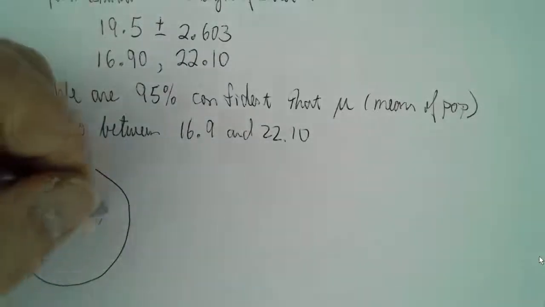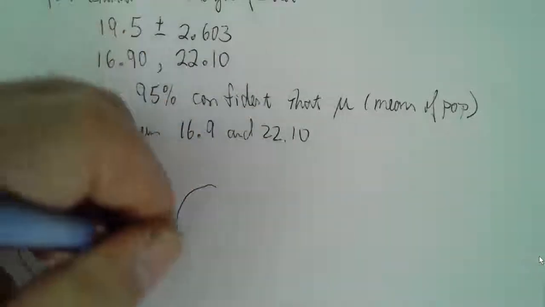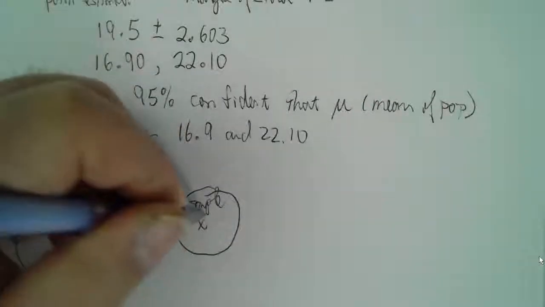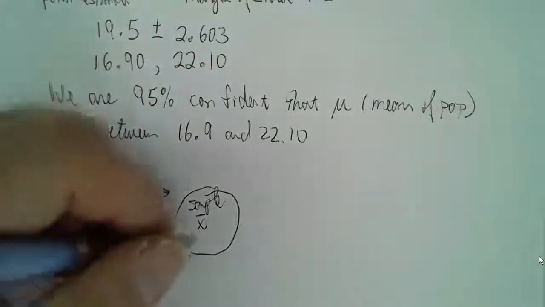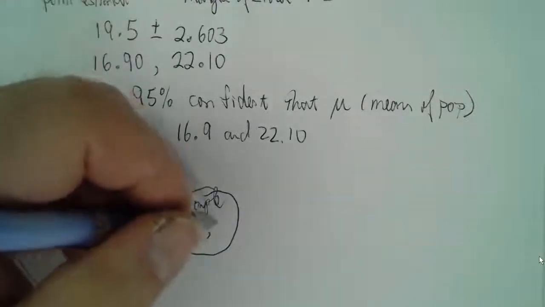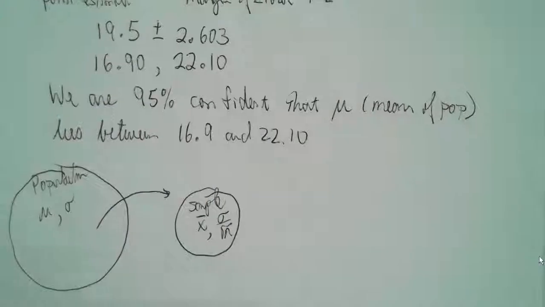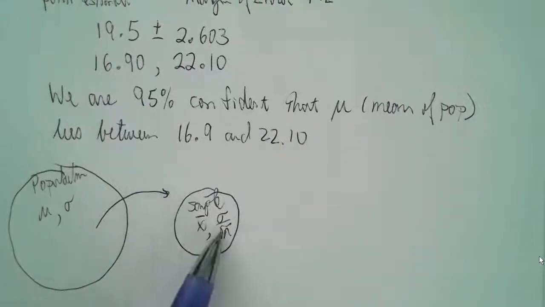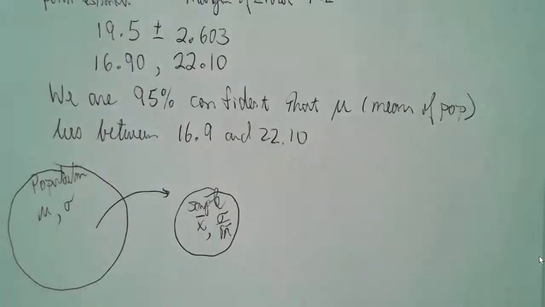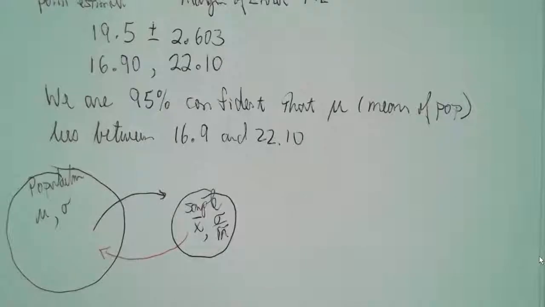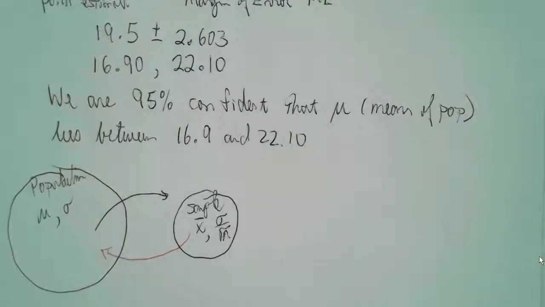And then we'd say, okay, now we're going to take out a sample, and we want to predict something about x bar. We want to predict something about the standard error of this x bar back here in the sample. Well, now we're doing just the opposite. We're starting with information about the sample, and we're going back and giving information about the population.